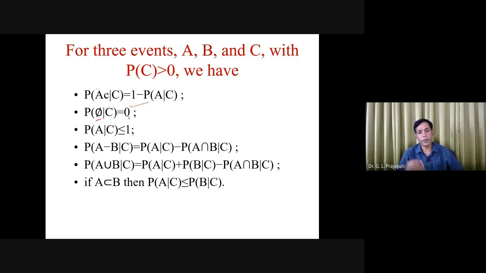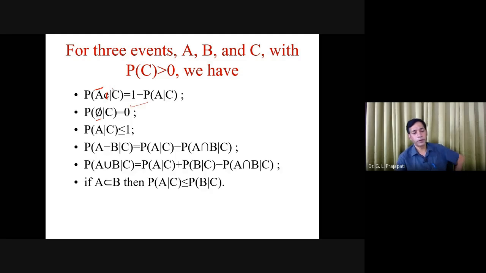Now the probability of A given C, where C is the event, is less than or equal to 1. We know that since this is a probability, it can be maximum 1. No issue.